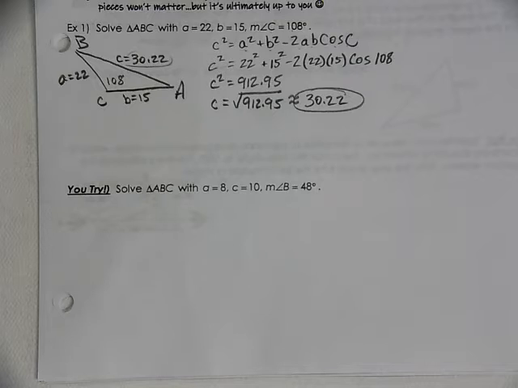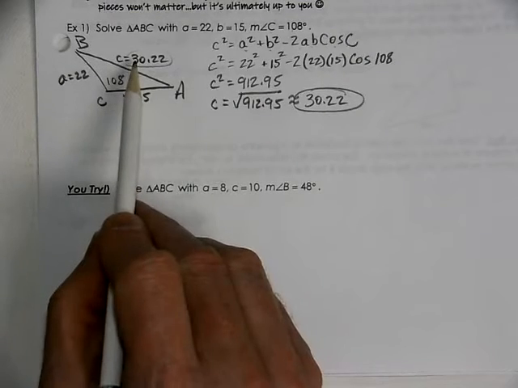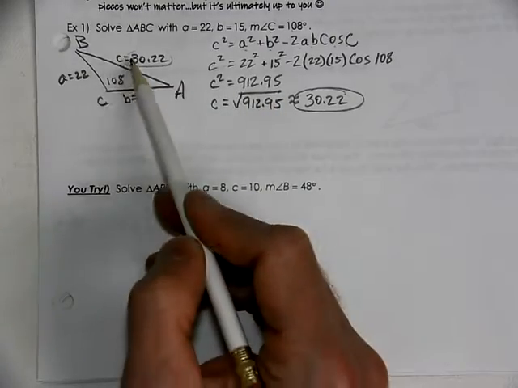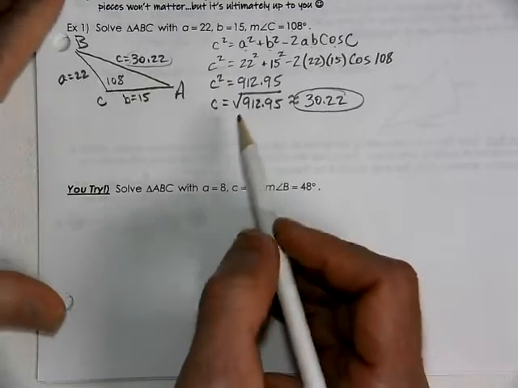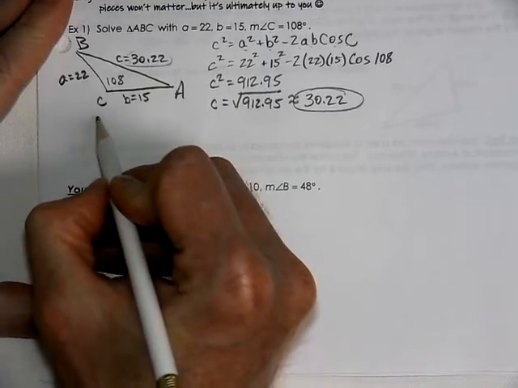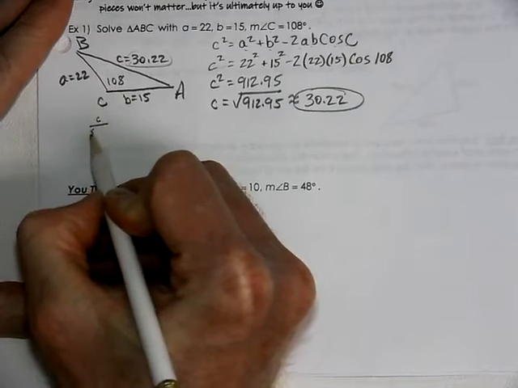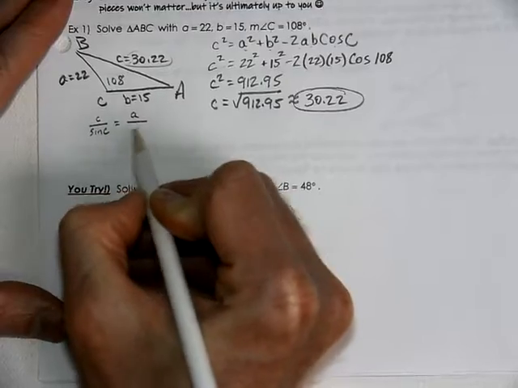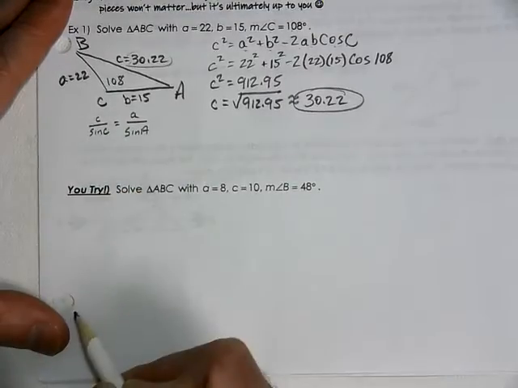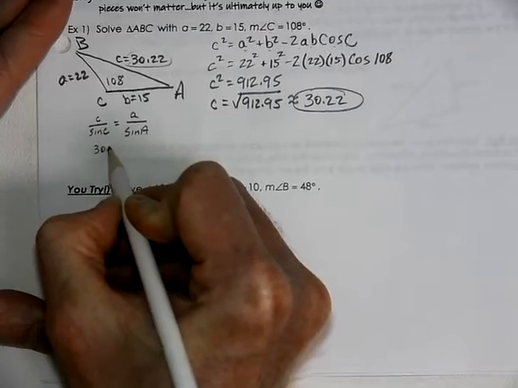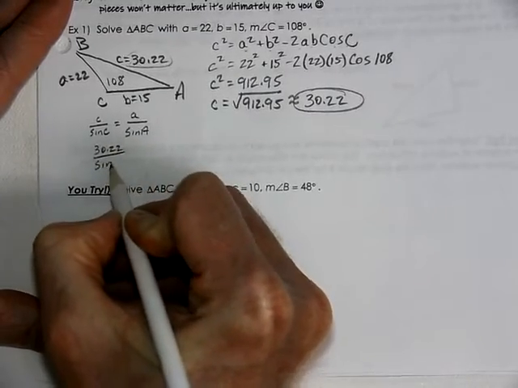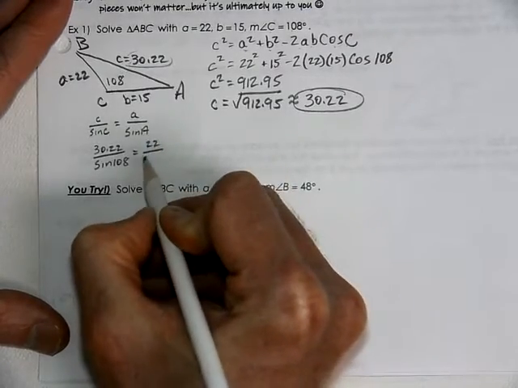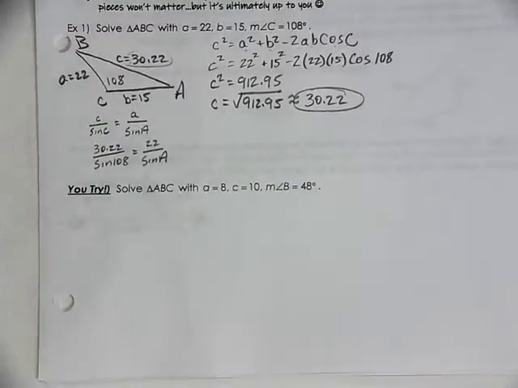Now, since we've used law of cosines once to find that missing side, now we can use law of sines because we have 2 bits of information for the same letter. We have the side of C and we have the angle C. We have side A and now we are looking for angle A. So that is 30.22 over the sine of 108 and 22 over the sine of my unknown value.